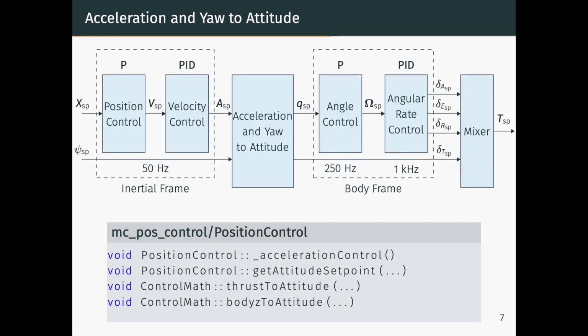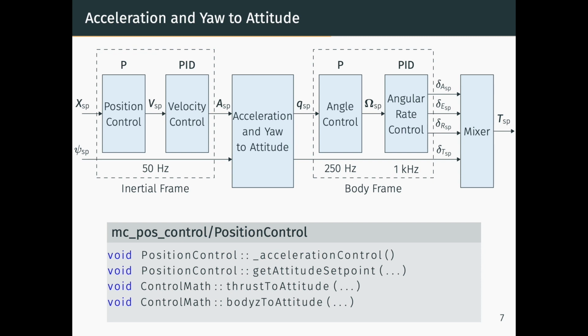Outside of the angle controller is the velocity controller. However, it commands an acceleration command, which is first converted to an attitude. I won't go into detail on this conversion because it is being handled in the other talk on multicopter control in the Dev Summit. I will mention the path, however, and the functions that do this conversion.